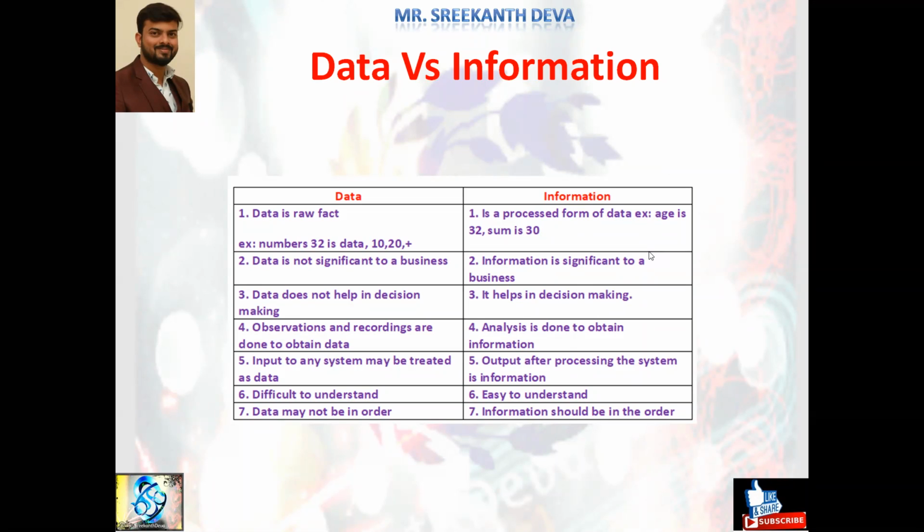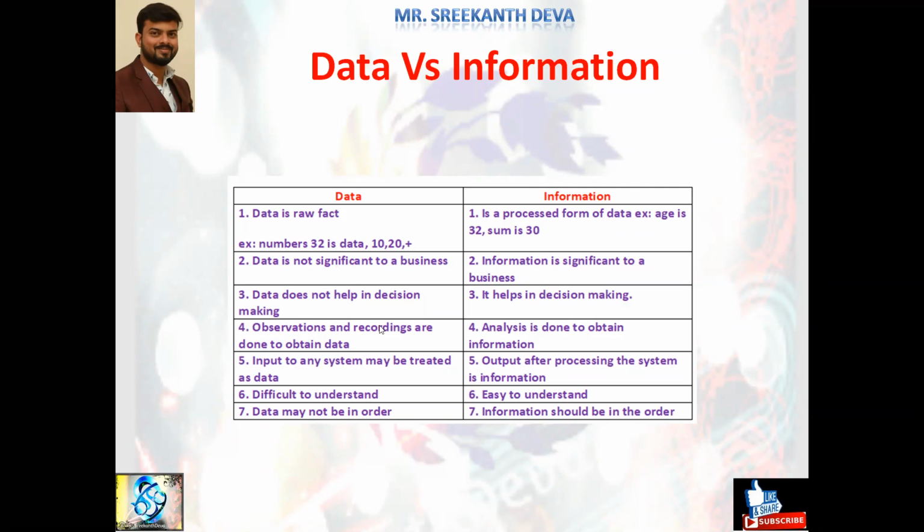It gives the information that 30 is a sum value and 32 is the age of a particular person. Data is not significant to a business, obviously, because it is a raw fact. Information is significant to a business because it is useful. It has a meaning, which is why it is useful from a business point of view.